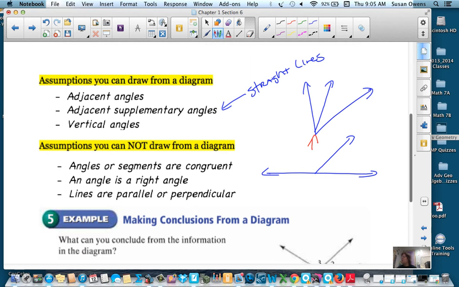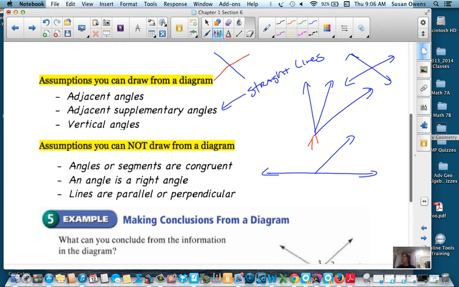And the third one is vertical angles. If I draw two angles that look vertical, so I draw two lines crossing, you are allowed to assume that they're vertical angles. This is also kind of like a straight line idea. What I'm saying is if I draw something like this, and then I draw the second one like that, you're allowed to assume that's a straight line unless it's obviously not a straight line.